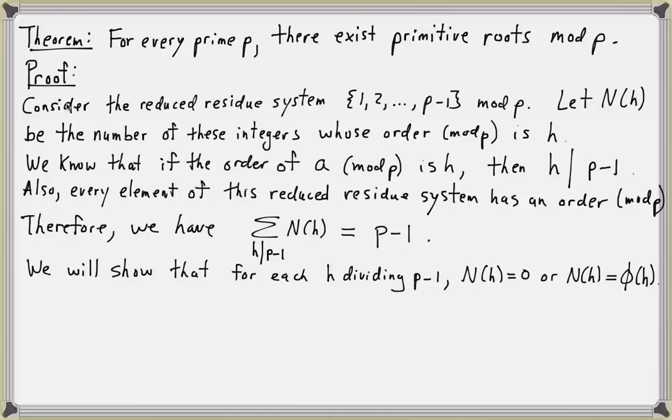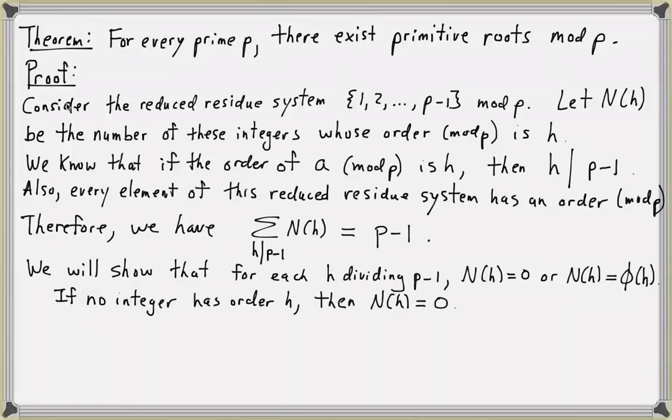Well, clearly if no element of this reduced residue system has order h, then N of h is equal to 0. So if no integer has order h, then capital N of h equals 0.